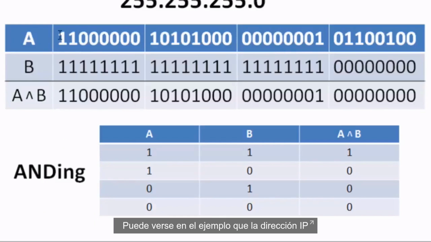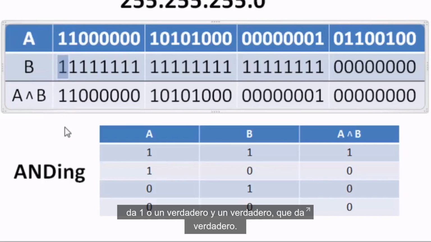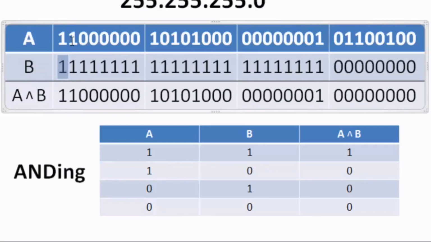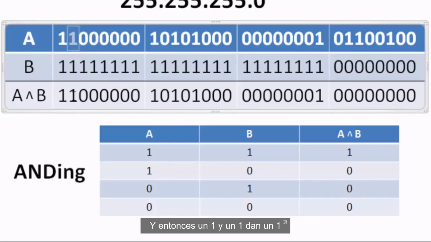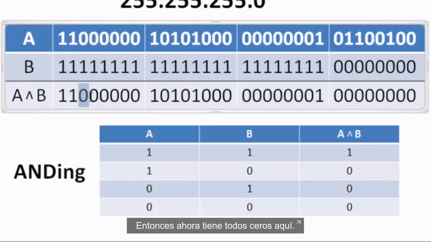So you can see here in the example, the IP address has a 1-bit, the subnet mask has a 1-bit, and the ANDing operation between them results in a 1, or a true and a true makes a true. And a false and a true, or a 0 and a 1, results in a 0. And so now you have all zeros here.